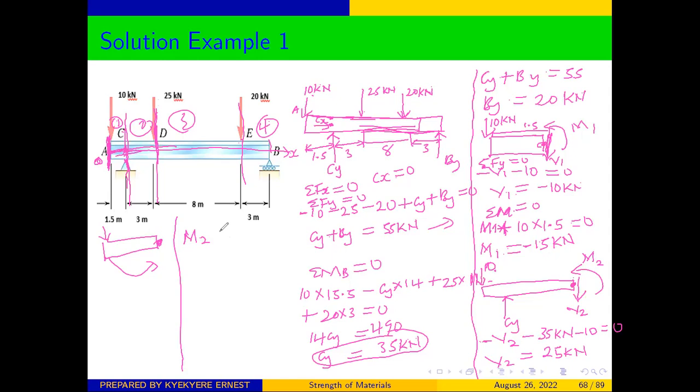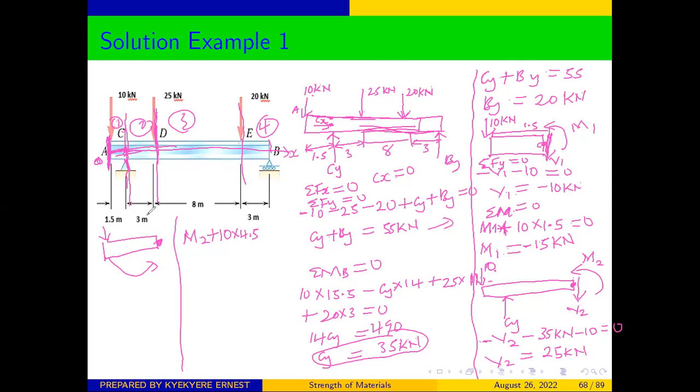Therefore, we are going to get 10 times 4.5. And is it going to be clockwise or anti-clockwise? We have already established that it's going to be anti-clockwise, positive.